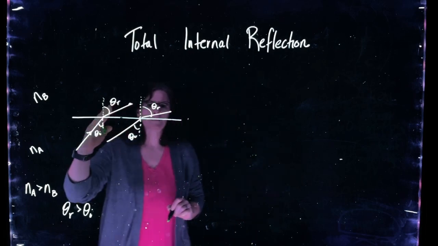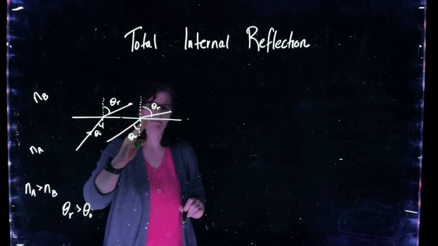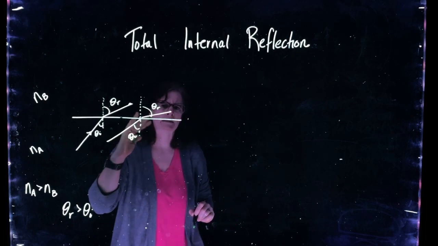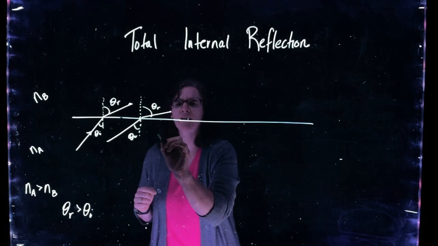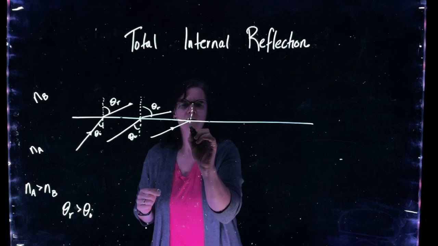I start out with a steep angle and I get a pretty shallow angle of refraction. Then I make this a little bit more shallow and I get an even bigger angle of refraction. And if I keep doing this all along the line, now I'm going to make an even bigger angle of incidence.